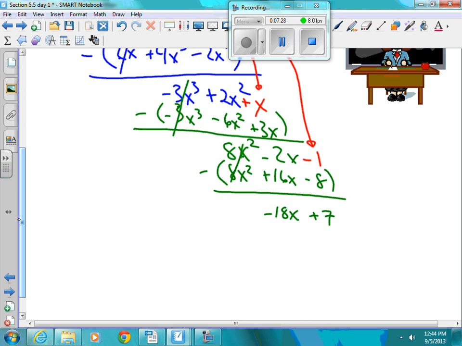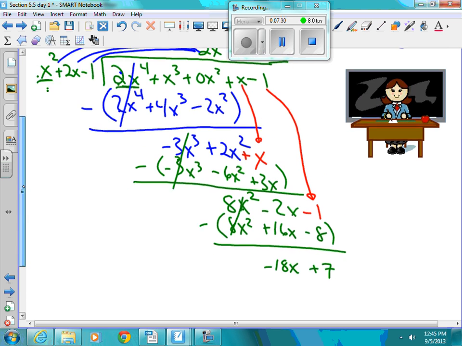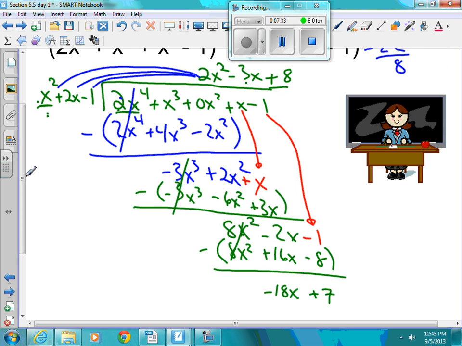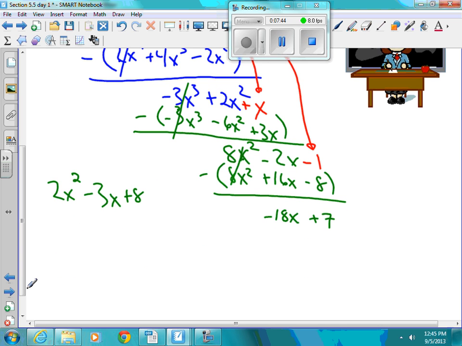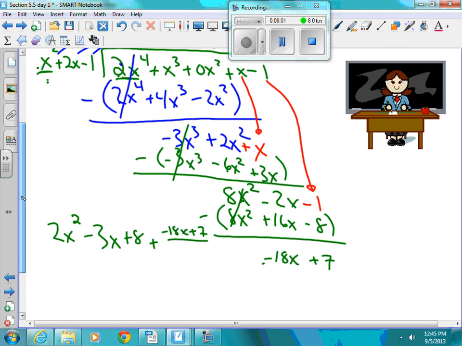But how do we write our answer? Well, the way we write our answer is we take what's up here above the dividing symbol, on the top. We say 2x squared, excuse me, the second power, minus 3x plus 8, plus this result right here, our remainder, negative 18x plus 7, divided by, well, what did we divide by the whole way through?